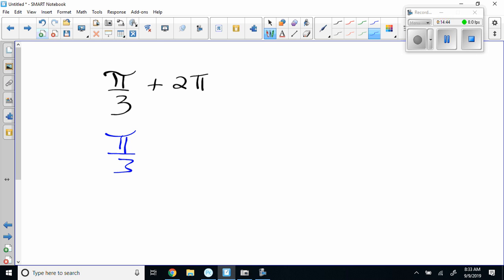So this is 3, right? How did I get there? Multiply top and bottom by what? Why? So what would that be? 7 pi. 7 pi over what? There you go.